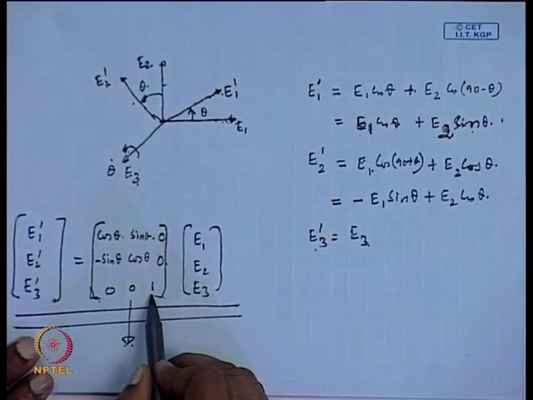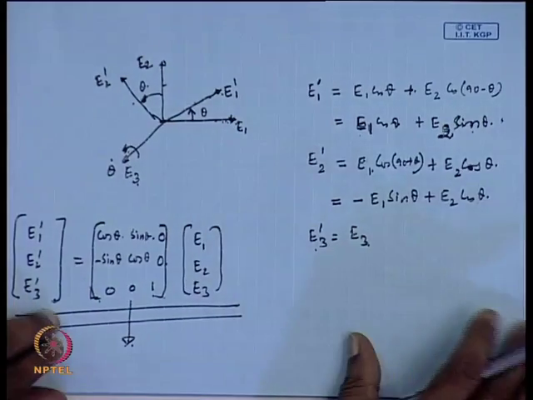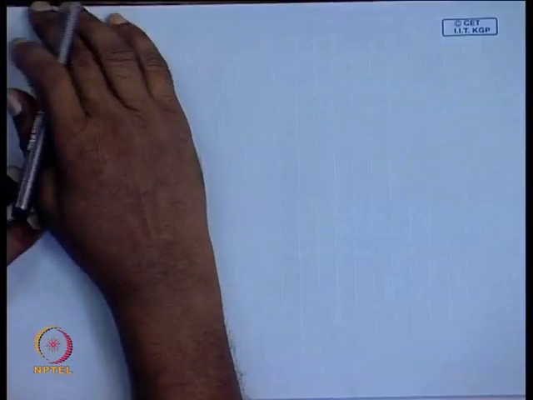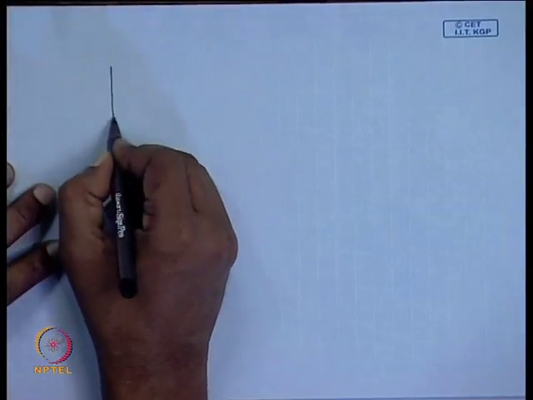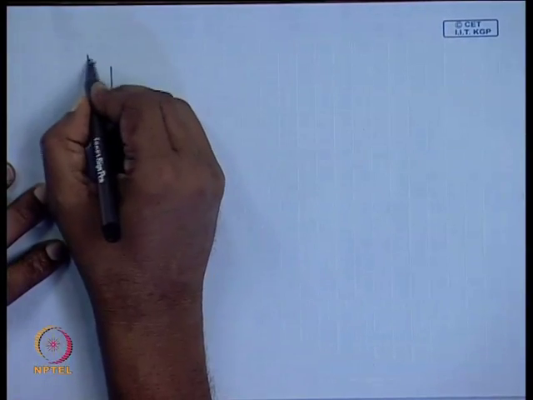Okay, so, we have given rotation about E3. In most of the cases we have chosen the axis like E1, E2 and E3 in this way.